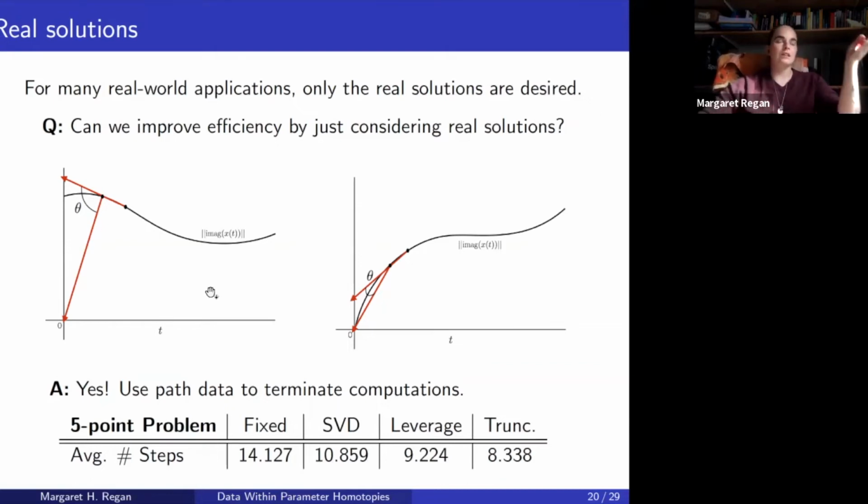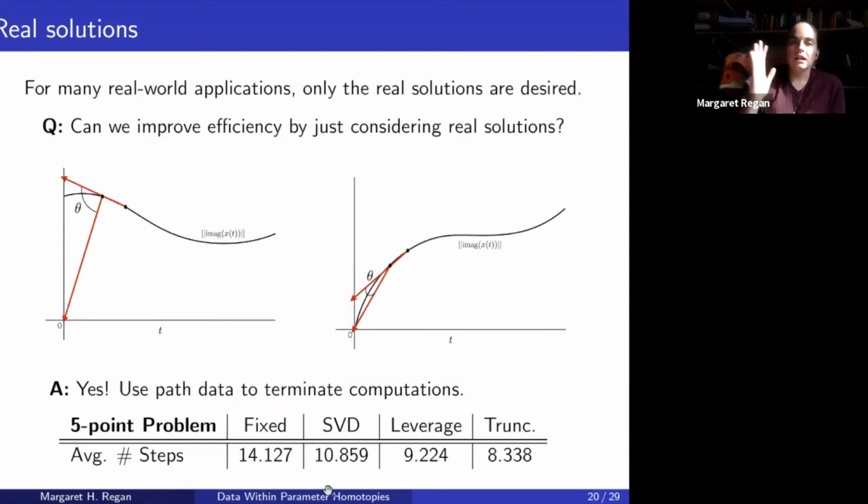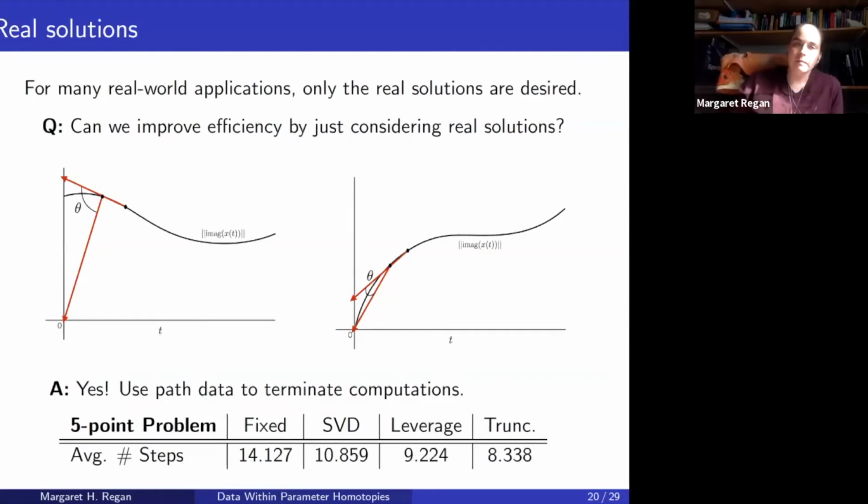We say, okay, not going to be real, going to be real, and so what that allows us to do is, in this example on the left, we've tracked all the way to this point here. And then if we say that there's no chance it's going to possibly end at a real solution, we just stop tracking it, because we don't care about that solution. So why continue doing the work to find what the solution ends at?